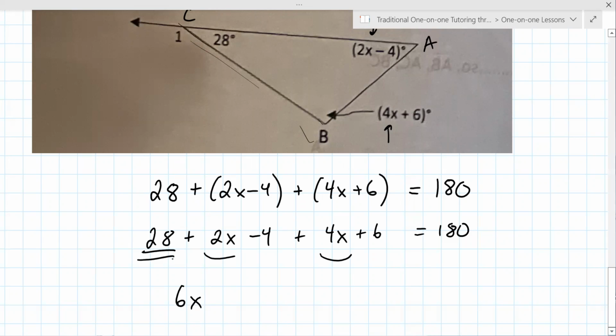Now we've got to add 28 minus 4 and plus 6. Okay. So -4 plus 6, that's -1.